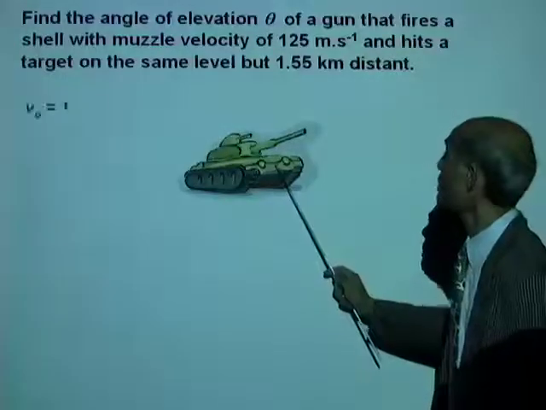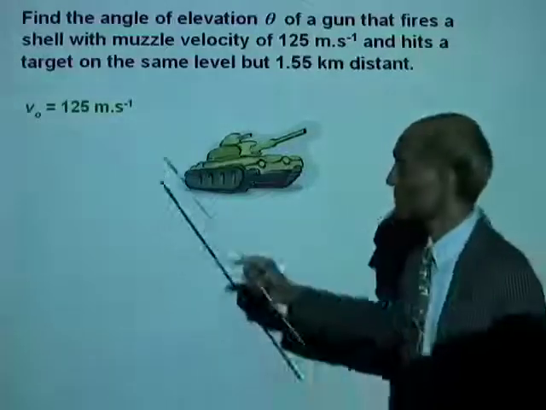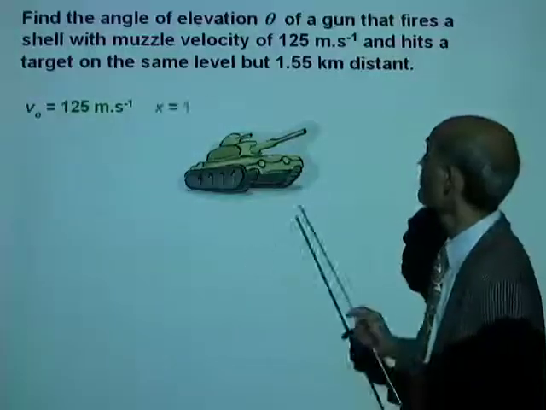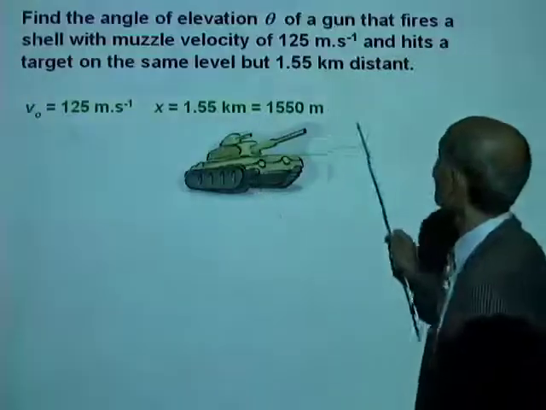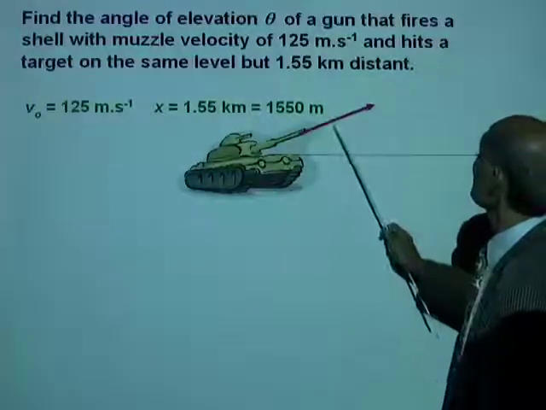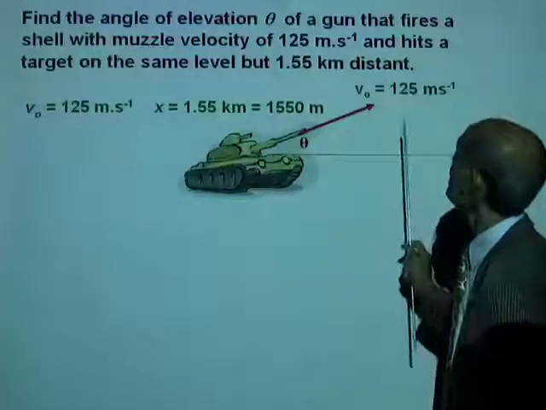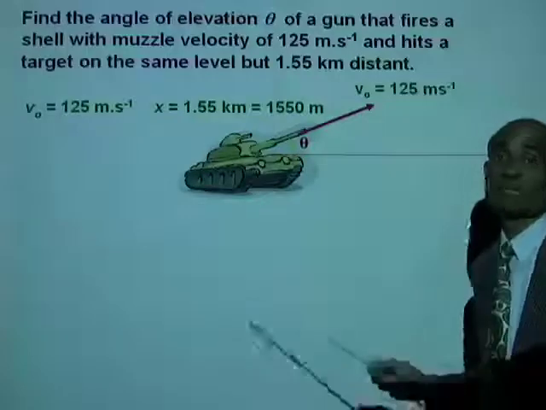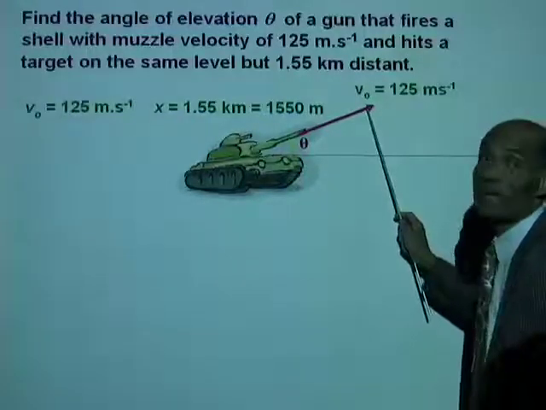Alright, the tank fires a shell with a velocity of 125 meters per second, and the horizontal range is 1550 meters. The velocity of projection is 125 meters per second.